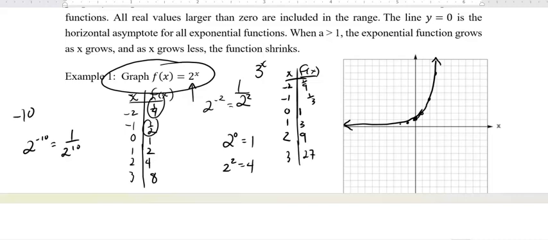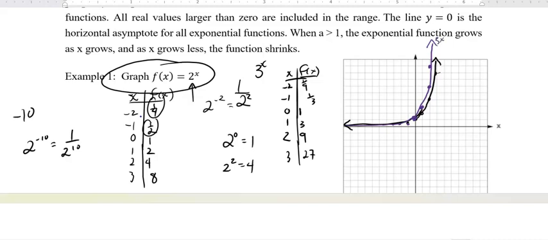So let's use a different color to graph 3 to the x. It still hits here, but it's going to grow faster. Input 1, output 3, input 2, output 9. Then going the other way, these will be smaller, but it'll still hug this line and have the same asymptote, but it'll grow a little quicker.